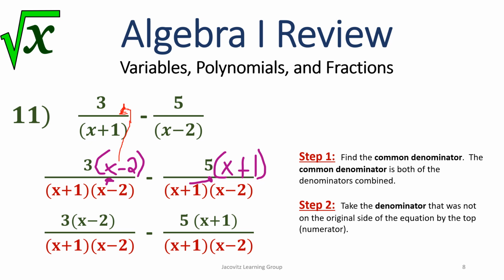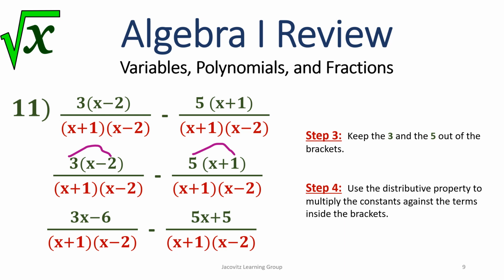So it was done here for you in purple, and in that way you can bring this whole x plus 1, x minus 2. Don't get rid of the brackets yet. You don't have an x plus 1 over here, so you have to bring it over here. It's 5, x plus 1, and then your denominator is the same. 3 times x minus 2. 5 times x plus 1. Keep your denominator the same for now. And here are the steps on the side.